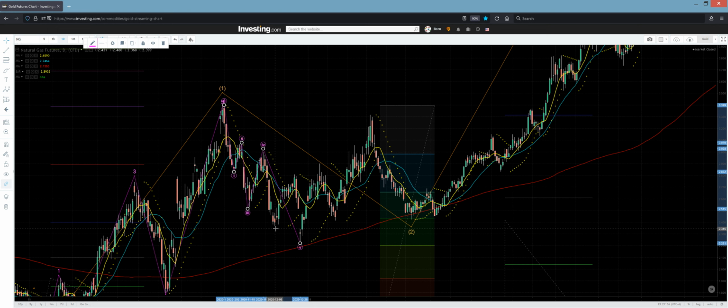1, 2, 3, 4. Wave 4 did not come into the price territory of wave 1, which is over here, and 5. So this looks to be an ending diagonal because wave 4 overlaps the price territory of wave 1, and it's wide. What I mean by wide is it's like a megaphone. If you were to mark it all out like this, as it ended, it looks like a megaphone.